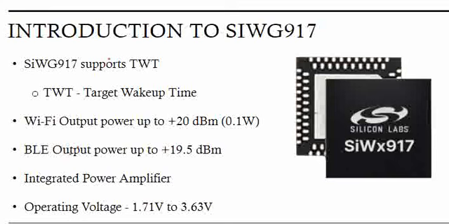More people are interested in what is the power that is supported by any wireless chipset, because that is the ultimate thing, right? There are chips available in the market which support 10 dBm, and this particular SI917 on Wi-Fi supports up to 20 dBm, and the BLE output power is up to 19.5 dBm. One of the advantages of this chipset is that it has an integrated power amplifier.